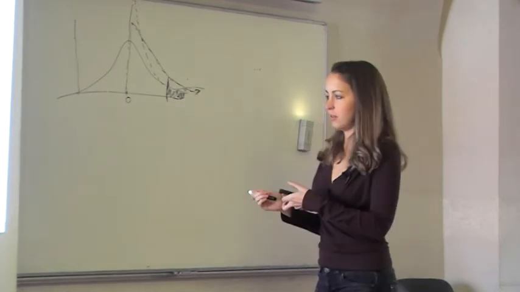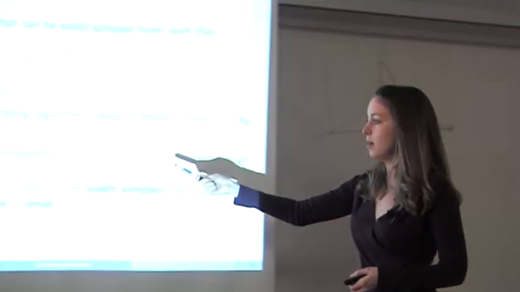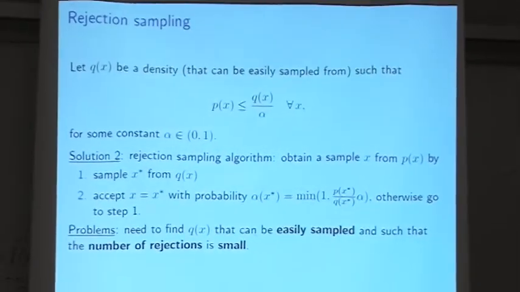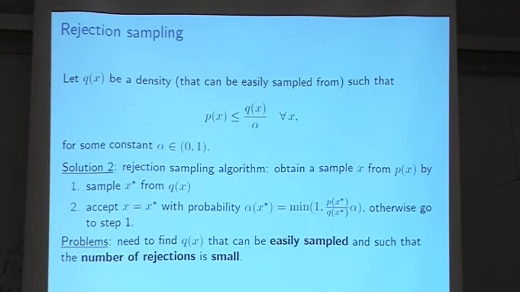So ideally, you want to find this Q, which can be easily sampled from, but also that the number of rejections are small. So it can be difficult to find this proposal Q.